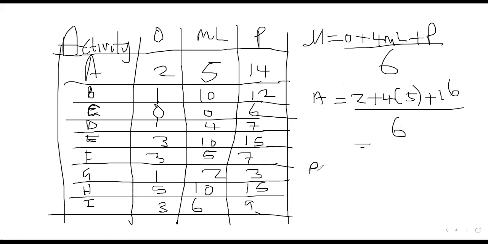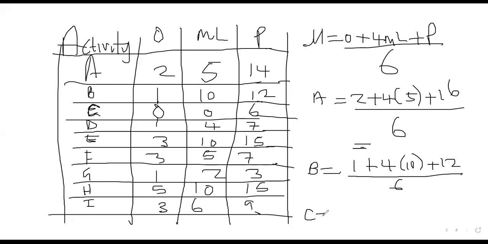Then B, we can also find, so can you give me the answer for A? Then the other one for B is 1 plus 4 on 10, then plus 12 pessimistic over 6.